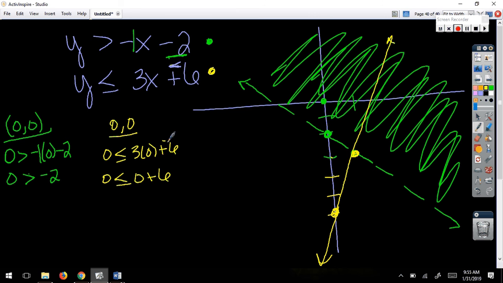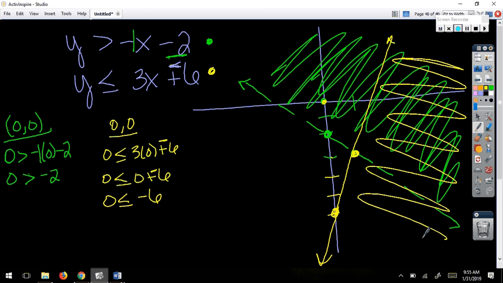Oh, yeah, it's negative 6. Sorry. We changed it. Is that true or false? It's false. Negative 6 is smaller than 0. So this is false. Do you agree? So where do I need to shade? The other side. All the way down.